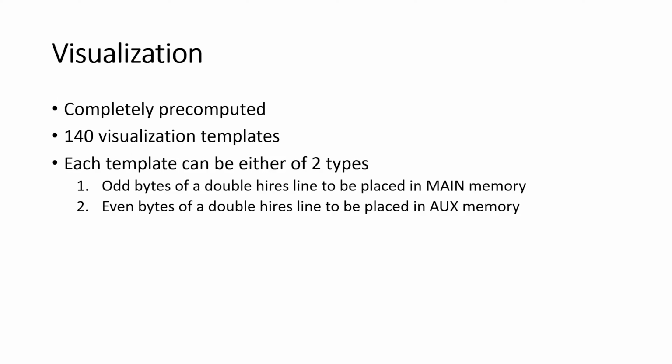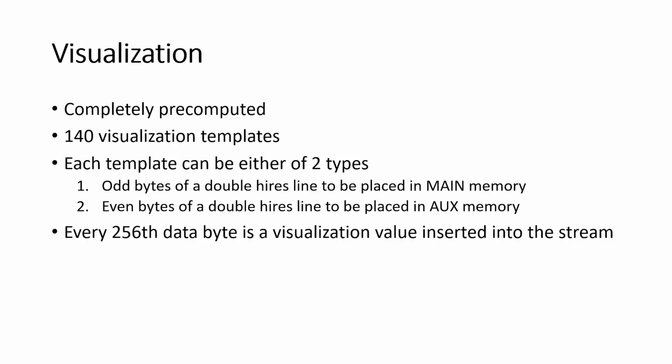Each template can be either of two types: the odd bytes of a double high-res line to be placed in main memory, or the even bytes of a double high-res line to be placed in aux memory. Every 256th data byte is a visualization value that is inserted into the stream of audio data.